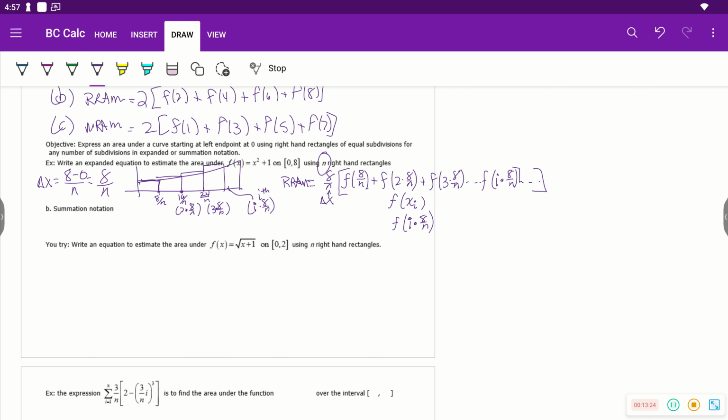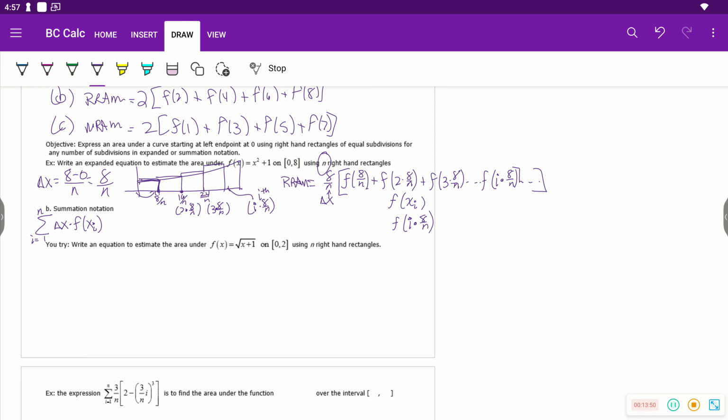So in summation notation, if I were to express this, it's delta x for the base times f at different points for the height. That's pretty much the universal. As far as how many rectangles, because we're using right rectangles, the first height is at 1, and the last is at however many rectangles you use.